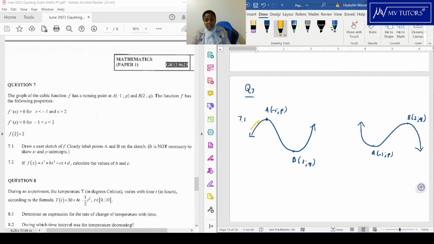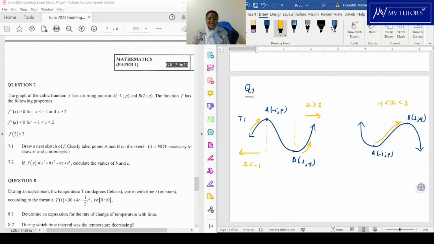This is where the function is increasing. Okay, this is where it's increasing, and this is where it's increasing. So we can see here the x values for where the function is decreasing is from -1 to 2, and the x values for where this function is increasing are basically all the values on that side where x is smaller than -1, and x in this direction, where x is bigger than 2.